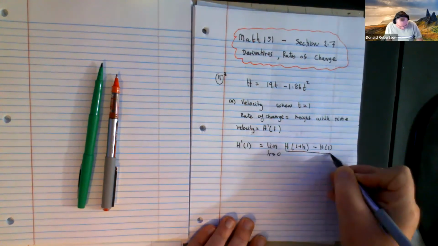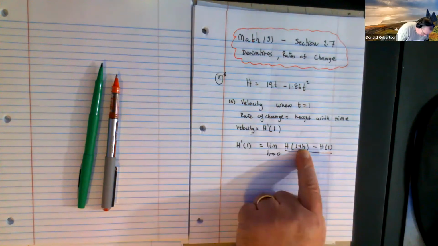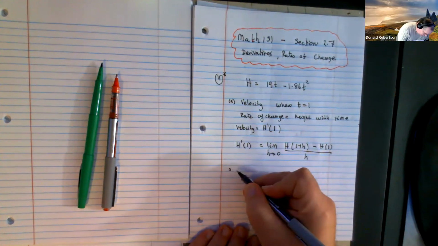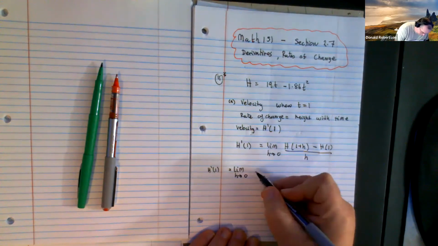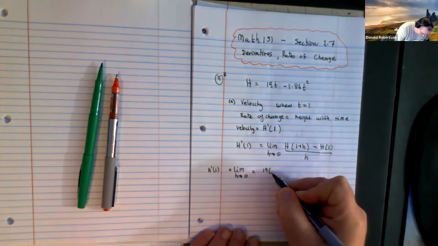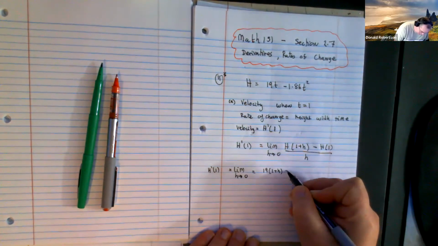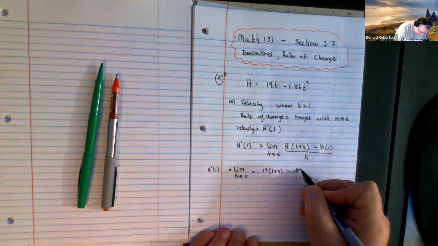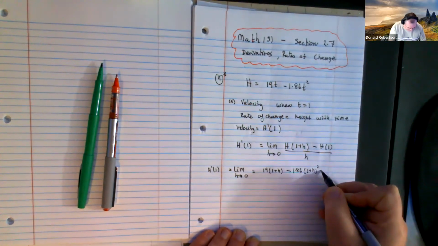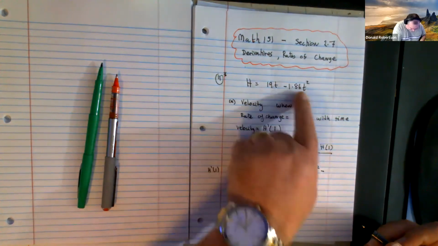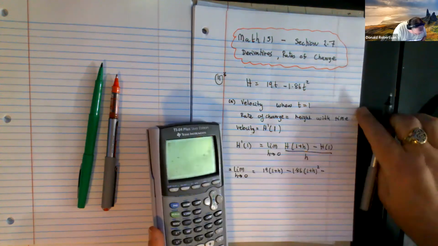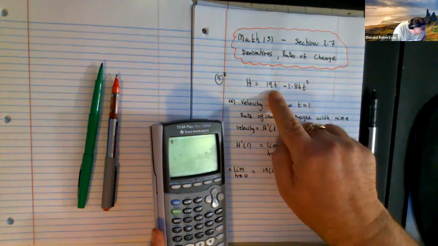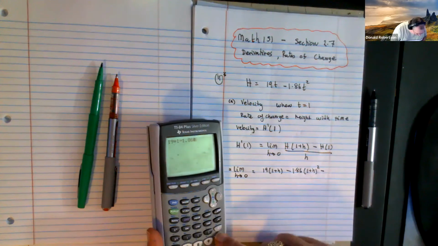That's just like saying f of a plus h, take away f of a. And that becomes the limit as h tends to 0 of 19 times 1 plus h, take away 1.86 times 1 plus h squared, take away the value of the function when t is 1, and that in itself isn't even very nice, because 19 times 1 take away 1.86 times 1 squared is a horrible decimal.